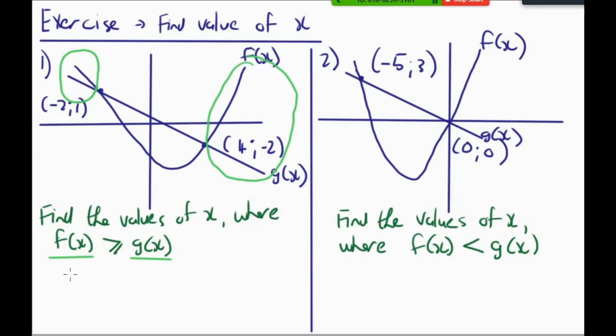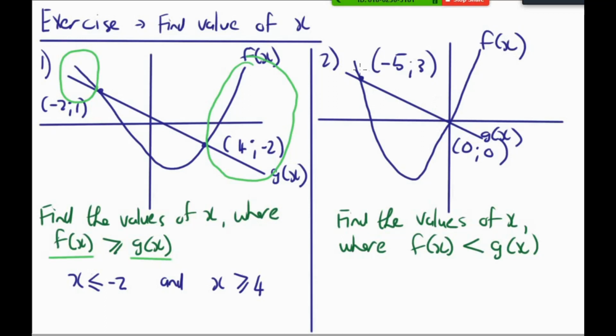We can start with x is less than -2. Because of the equal to sign, it's less than or equal to -2. And it's where x is greater than or equal to 4.